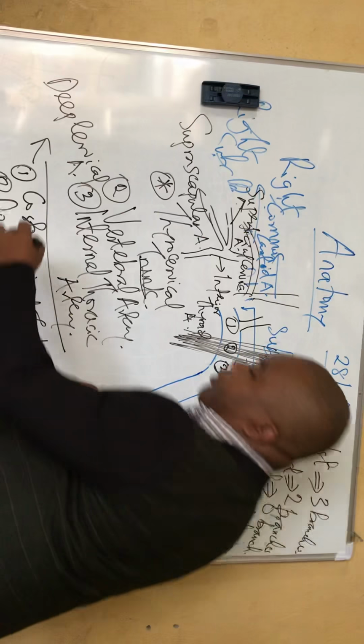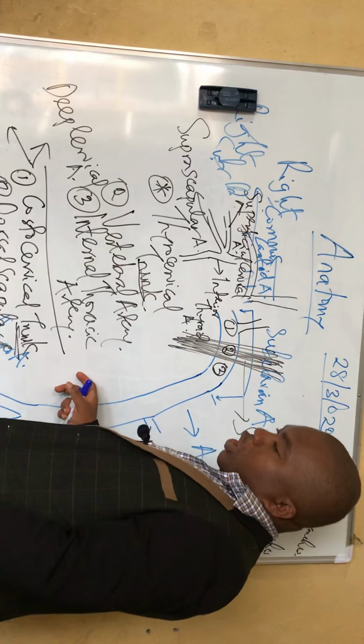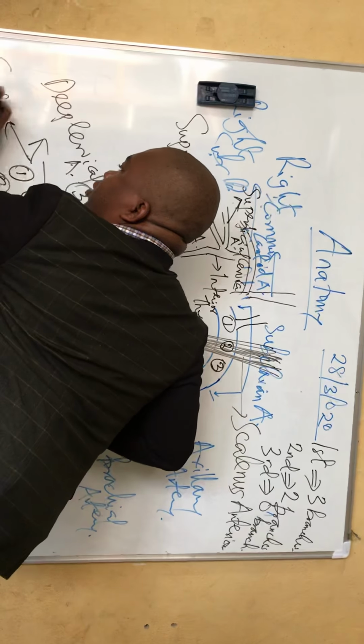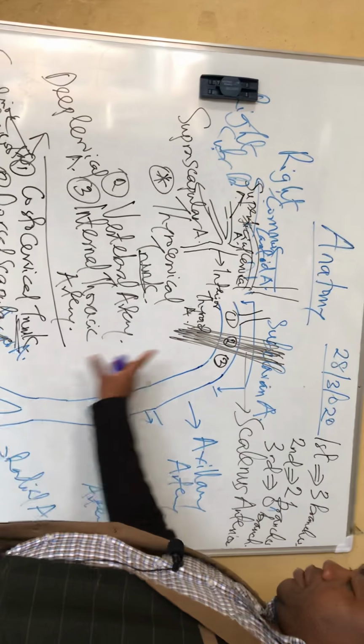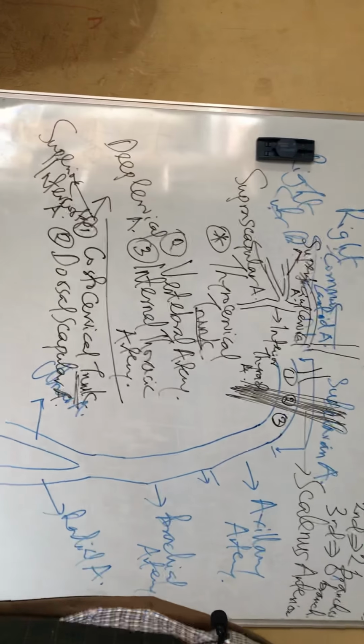We will also have another branch coming from the costo-cervical trunk called the superior intercostal artery. So these are the complete branches from the subclavian artery.